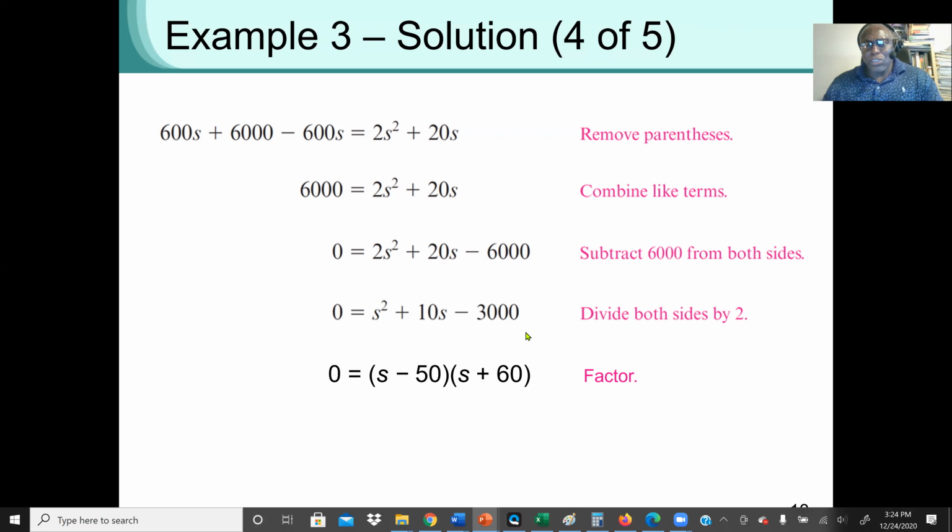Then here also we can factorize, because if we have 50 and 60, negative 50 times positive 60 will give me negative 3,000. Then negative 50 plus 60 will give me positive 10. So we get S minus 50, S plus 60. So our final answer will be S equal to 50 and also S equal to negative 60.